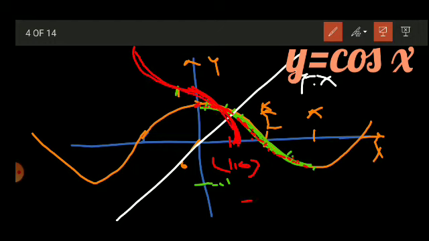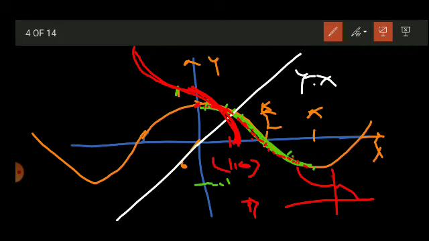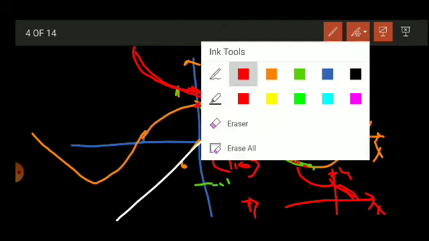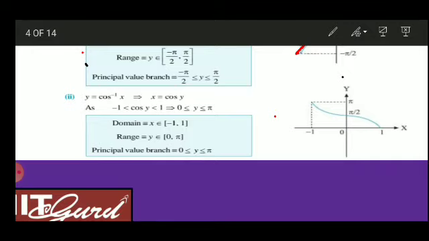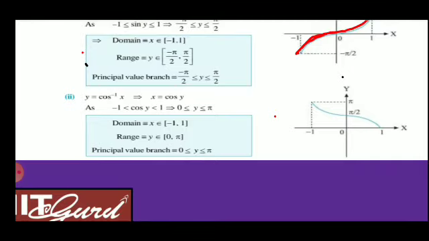You see here, the red portion is the graph of cos inverse x. So this is the x-axis, this is the y-axis finally. So the red portion is y equal to cos inverse x.